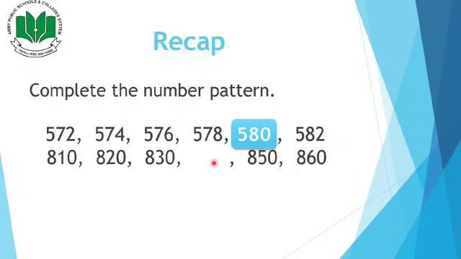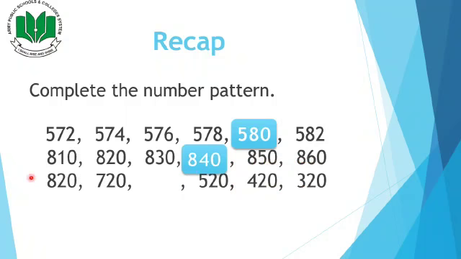One number is missing. 850, 860. What will be the answer? 840. 820, 720, one number is missing. 520, 420, 320. What will be the answer? 620.